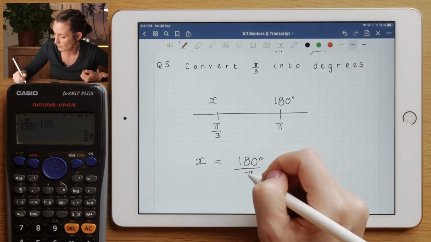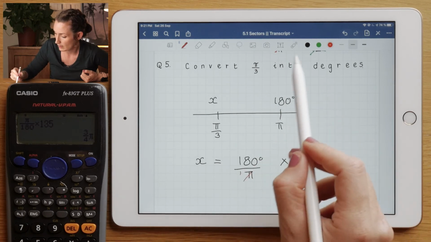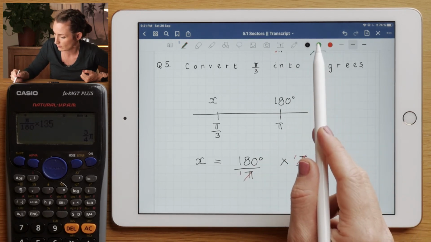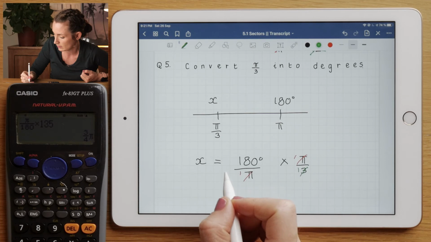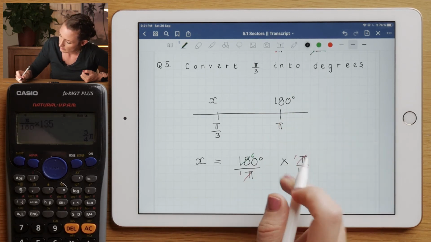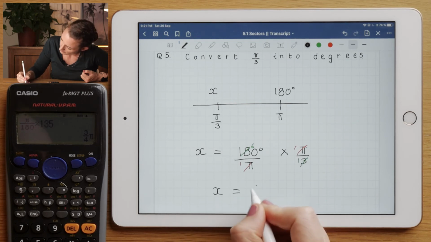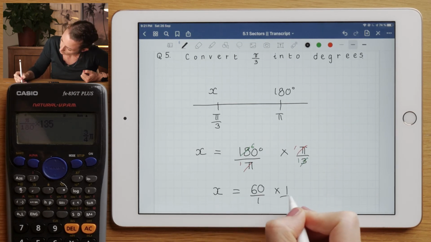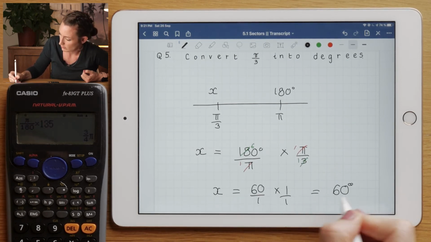Cancel down the pi's for 1s. 3 and 18 can both be divided by 3, so that's 1. 3 goes into 18 6 times, so it'd be 60. So x is going to be 60 over 1 times 1 over 1, which is 60 degrees.